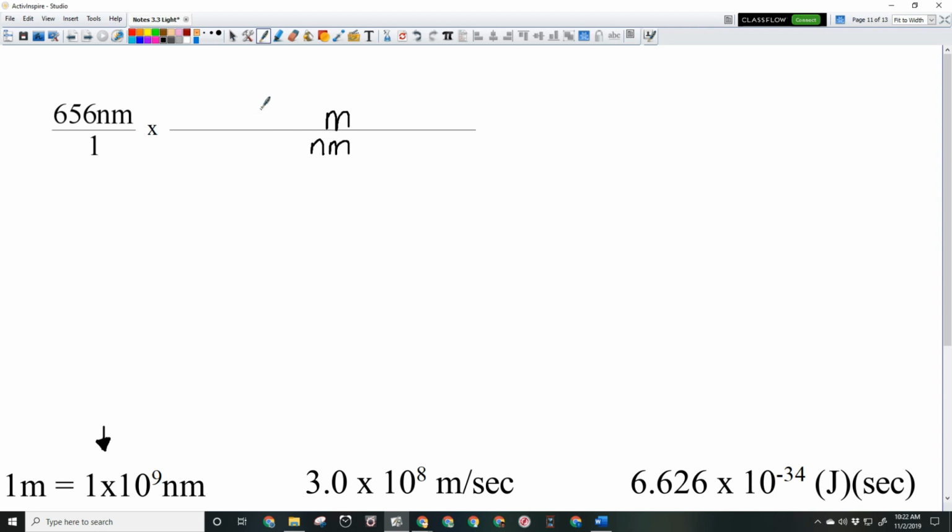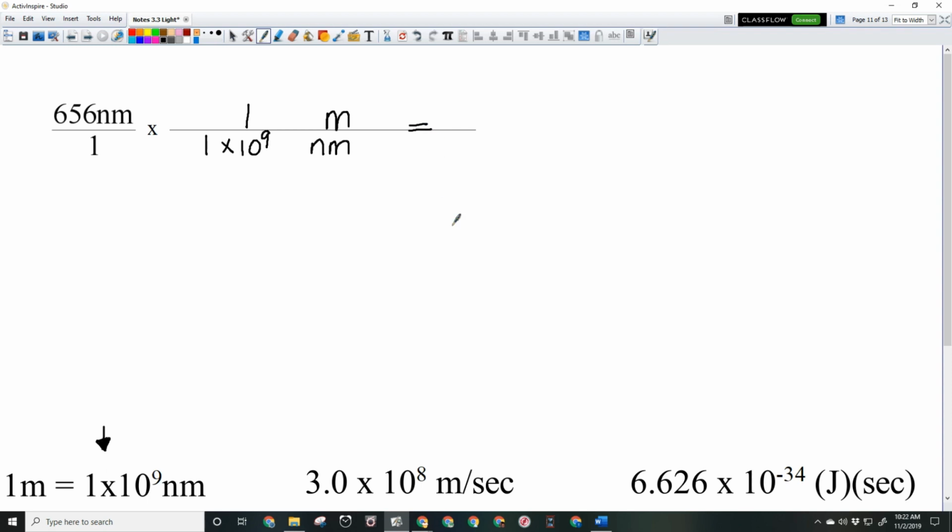But if you do forget it, like you are taking a test and have test anxiety, that's going to be given to you anyway, so don't worry about that. So 1 meter is equal to 1 times 10 to the 9th nanometers.